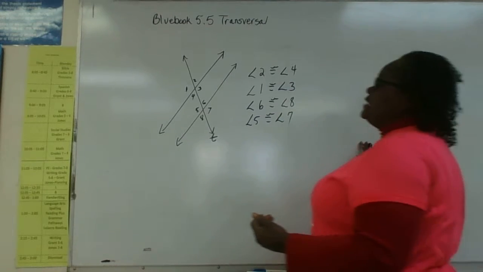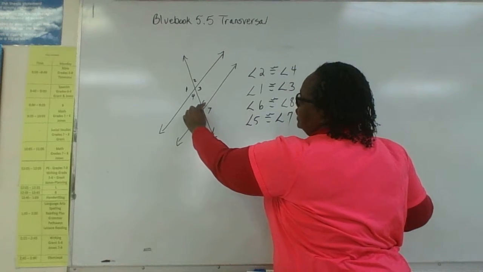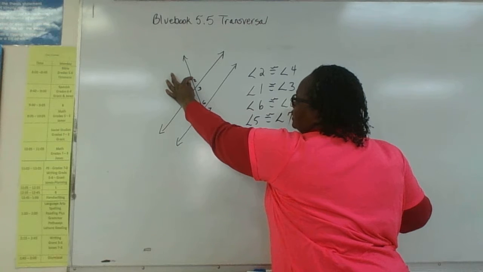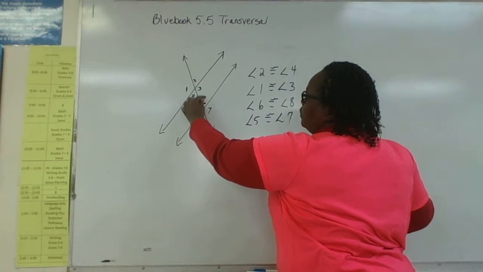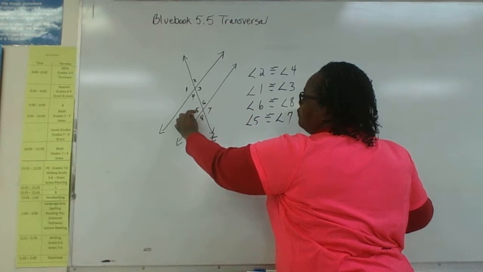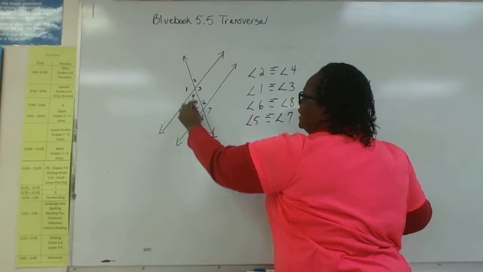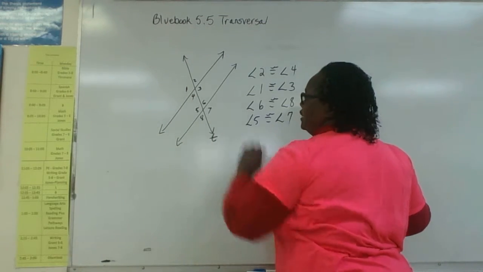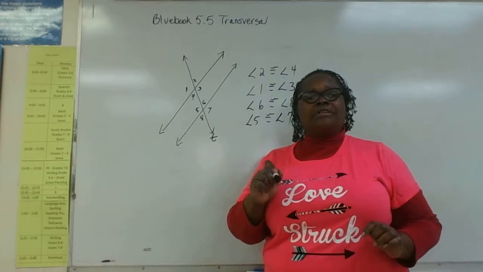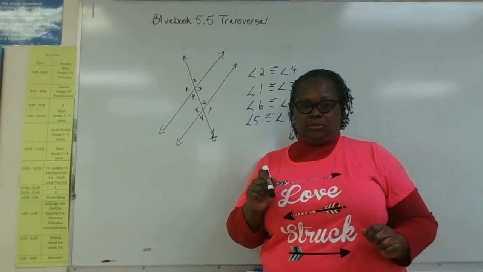And if that is the case, then angle 6 will actually be where angle 2 is. Angle 7 will be where angle 3 is. Angle 5 will be where angle 1 is, and angle 8 will be where angle 4 is. We call that corresponding angles.